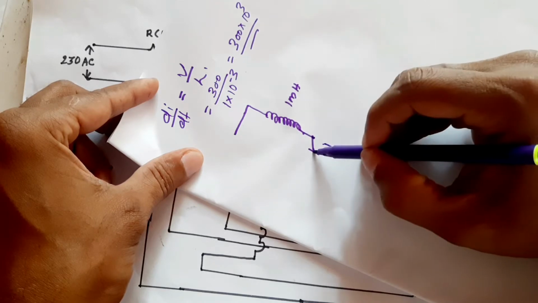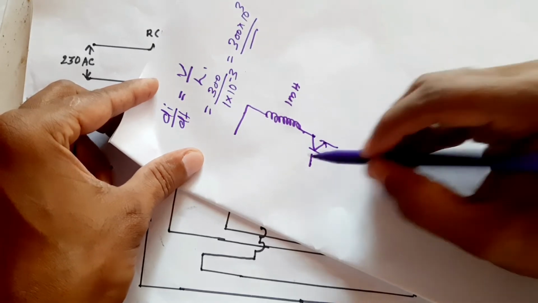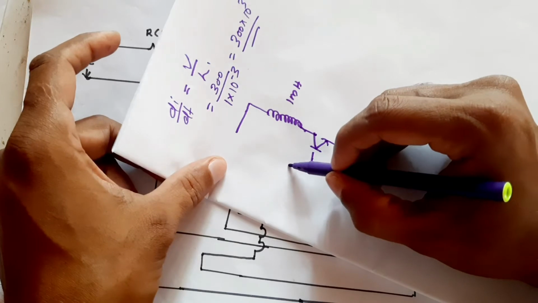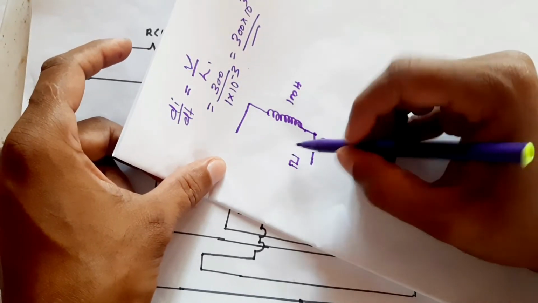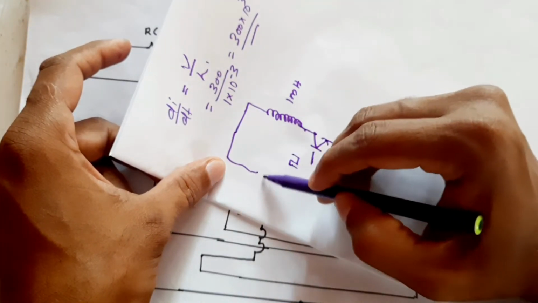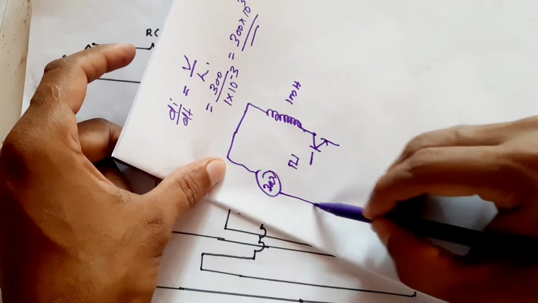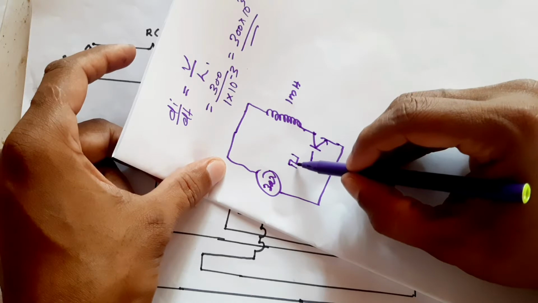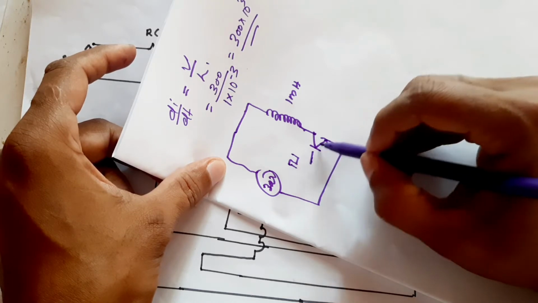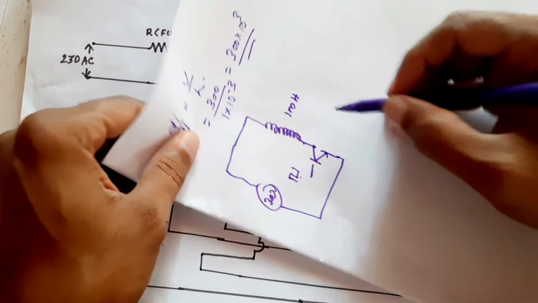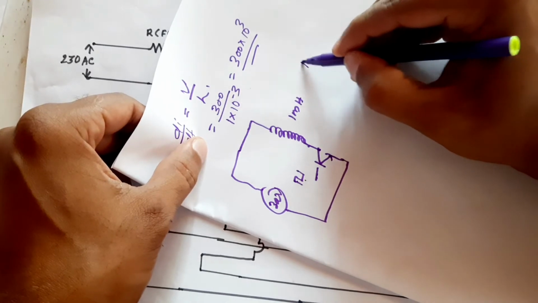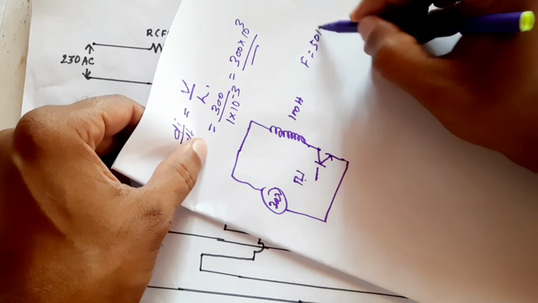We apply an on-off signal to the base of the transistor. This is 300 volt, and it is connected here. The on-off frequency, let's say, is 50 kilohertz.